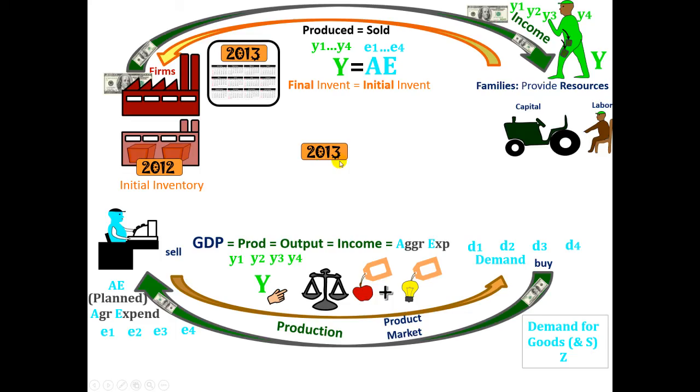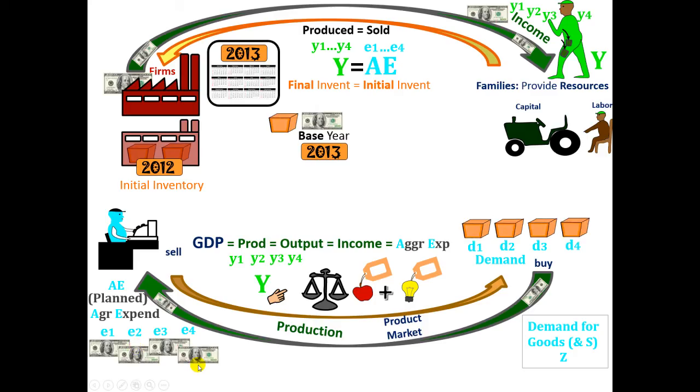For the time being, this is going to be the base year, and for this year we assume that one box costs $100. So for every box that was demanded, the expenditure was $100. So the total expenditure was $400, and the GDP during this year was $400.